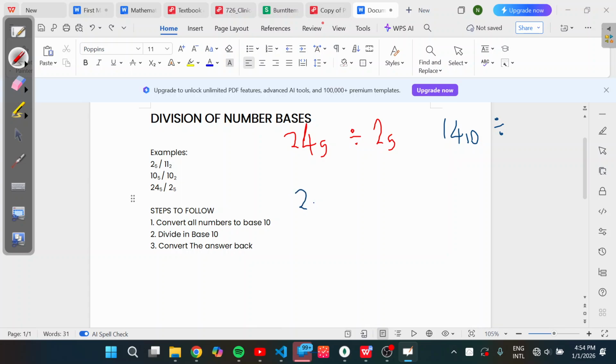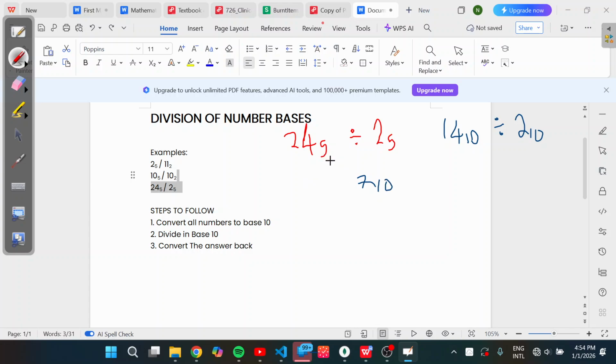Okay, so this one is just 2 times 5 to the power of 0, and that's basically just 2 times 1, so that's 2 base 10. So this is going to be 14 base 10 divided by 2 base 10. So very simply, if we follow the second step, which is dividing in base 10, we will have 7 base 10. So the final answer would be 7 base 10.